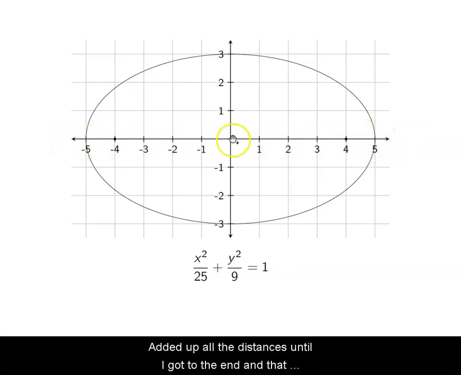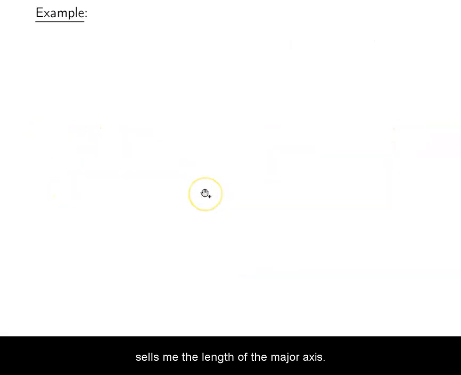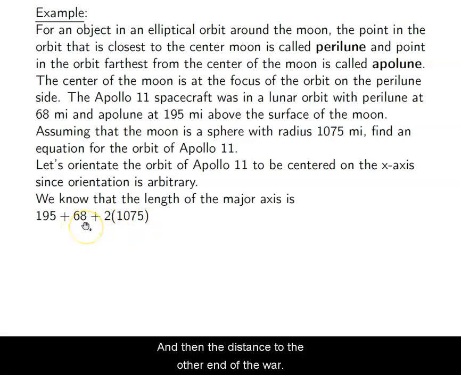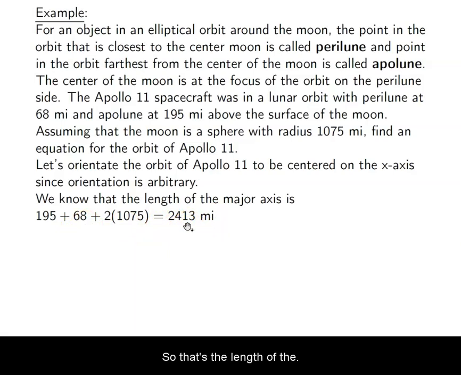That tells me the length of the major axis. That's what we did here: from the furthest part of the orbit to the surface of the moon, plus one radius, plus one more radius to get to the other side, and then the distance to the other end of the orbit.